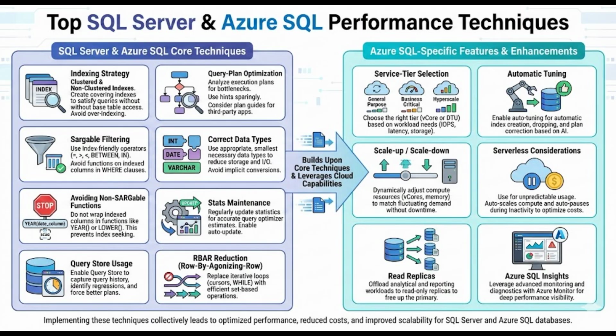Mention that SQL Server auto-updates stats when about 20% of a table changes, but on big tables that threshold is huge. For a 100 million row table, you'd need 20 million changes before auto-update kicks in, so you schedule manual updates or use AUTO_UPDATE_STATISTICS_ASYNC in Azure SQL to keep up.